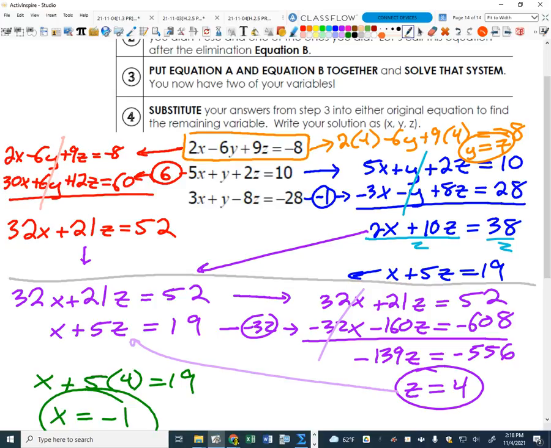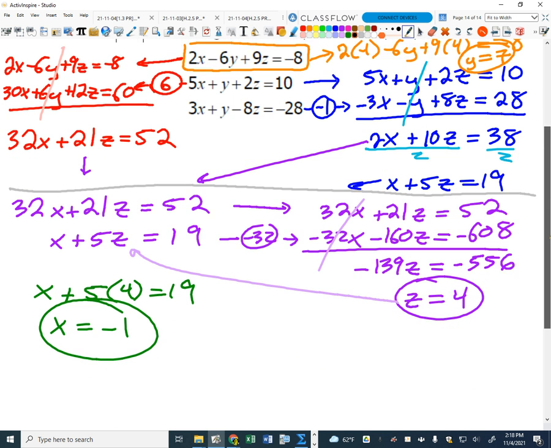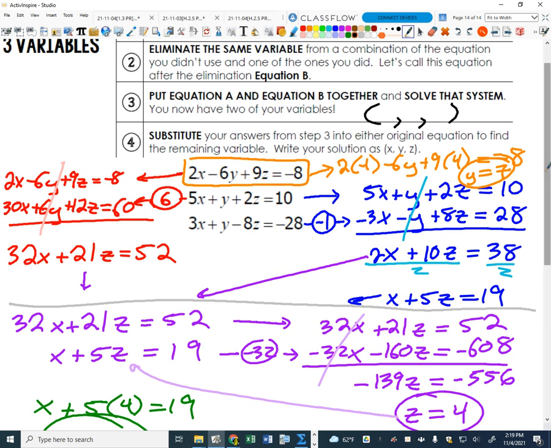Okay? So our answer looks like the ordered triple negative 1, 7, 4. Okay?